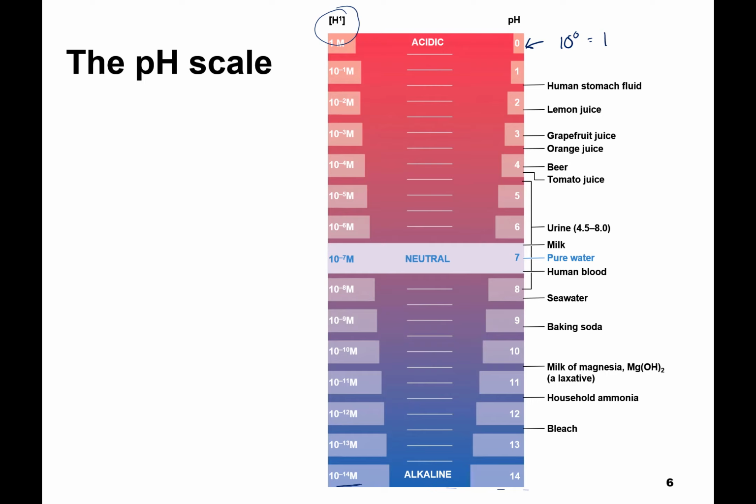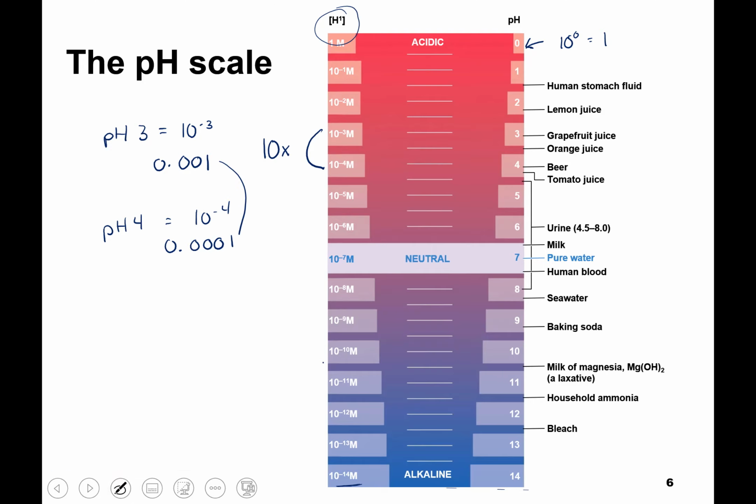The other thing I want you to notice from this scale is that these are 10 times difference, right? So pH of 3, 10 to the minus 3 molar, which is 0.001, compared to the pH 4, 10 to the minus 4, which is 0.0001, it's a tenfold difference.